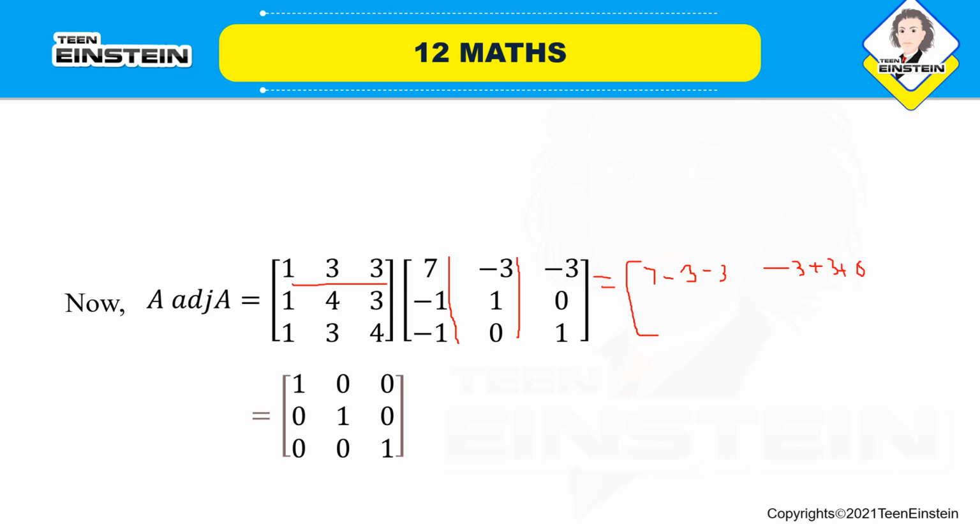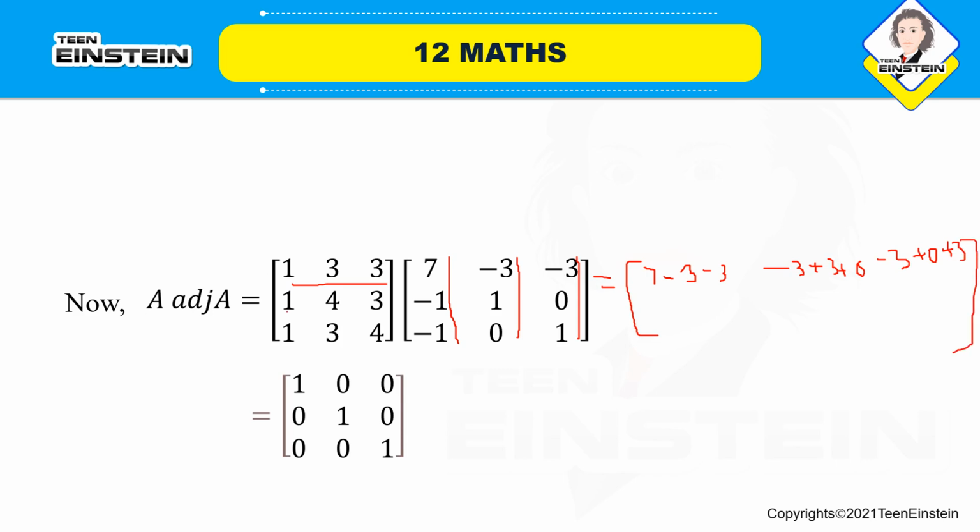Then first row, third column. So -3 into 1 is -3. 3 into 0 is 0. So plus 0. Then 3 into 1 is 3. So plus 3. Okay, so first row is over.